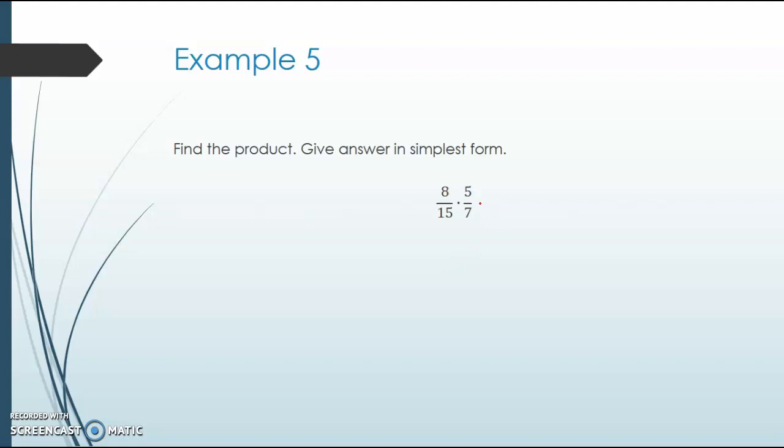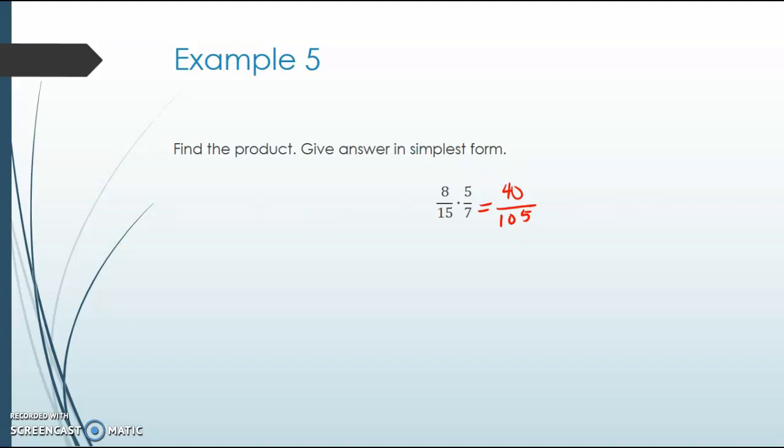So I'm going to take 8 times 5, which will give us 40. And then 15 times 7, which gives us 105. And we've got to keep in mind we're giving our answers in simplest form.